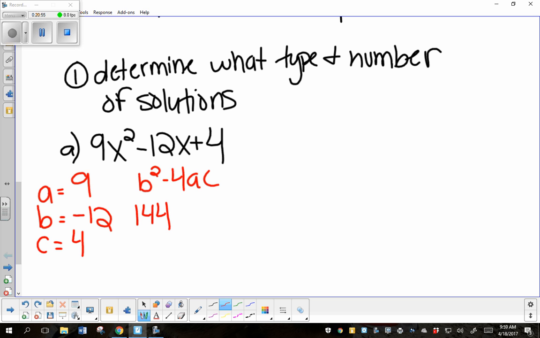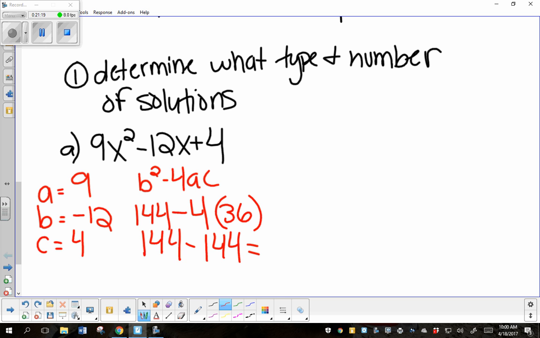And then I think you should always write minus 4. And then if you want to multiply A and C together before you write it down, you can. So what's 9 times 4? 36. Good. Does anyone know 4 times 36 in their head? 144. So this is just 144 minus 144, which equals 0.